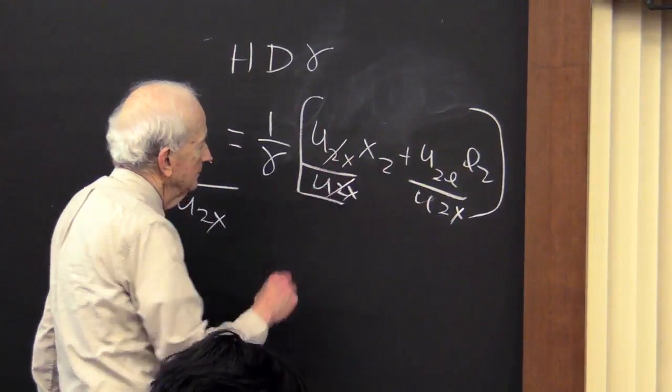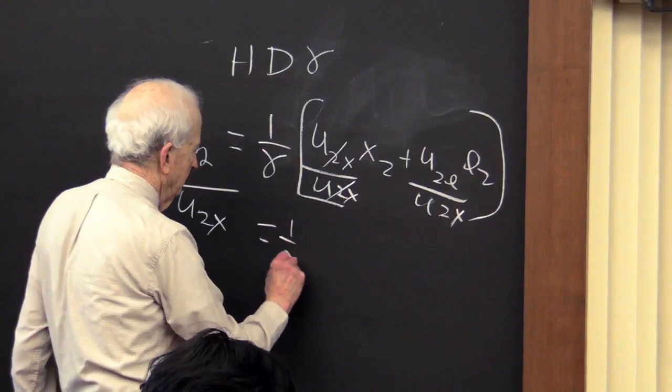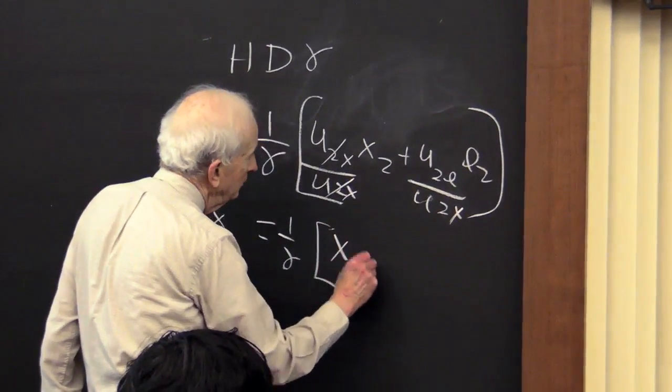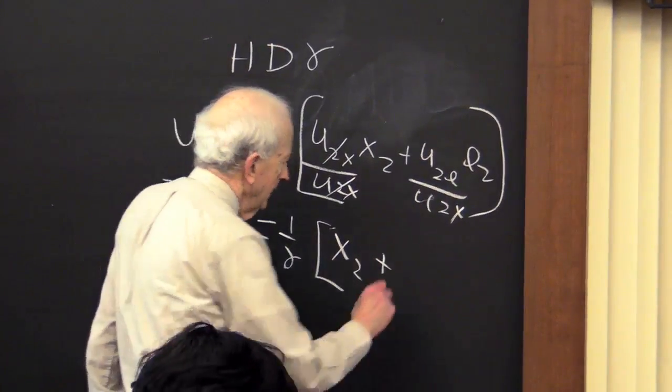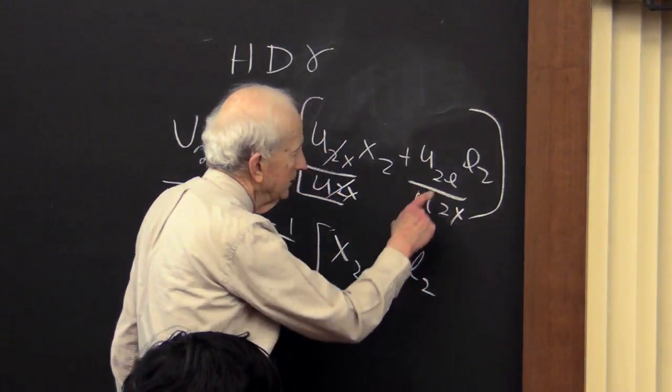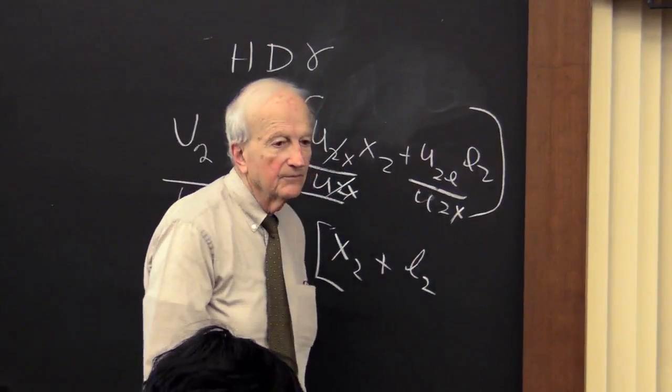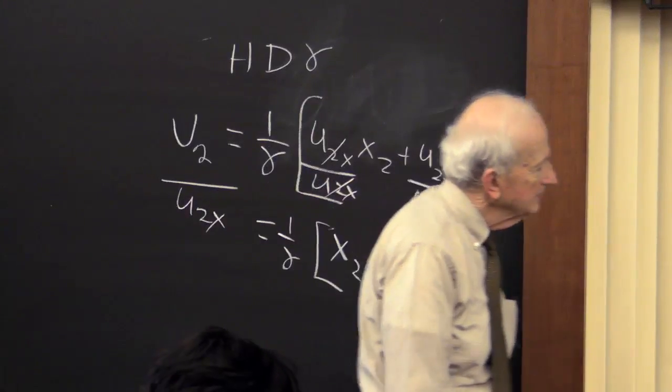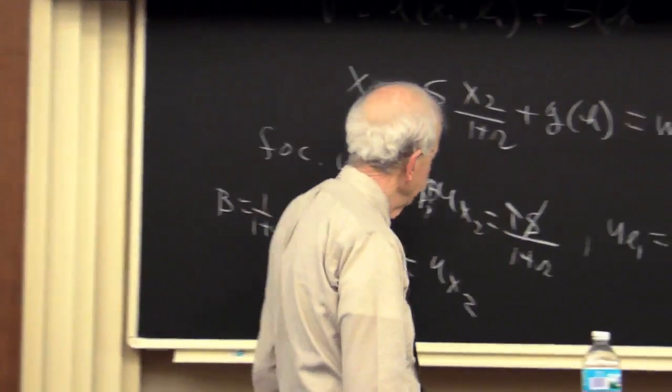Well, this drops out, so we get 1 over gamma times x2 plus L2, write that out here. Now what's this? Well, let's go back. That's why I wrote these equations down.